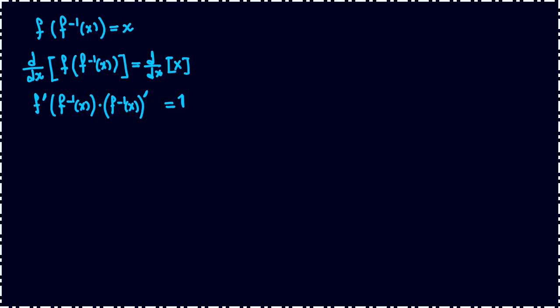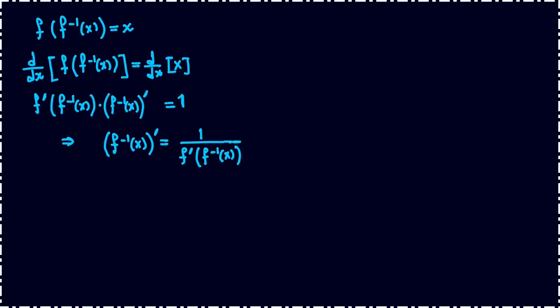All you gotta do is just divide this equation by this factor. If you have an inverse function, its derivative is 1 divided by the derivative of the original function at the inverse.